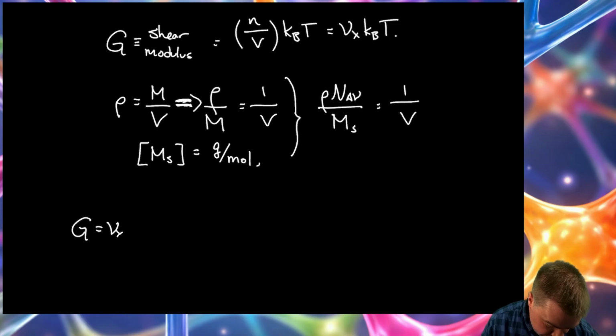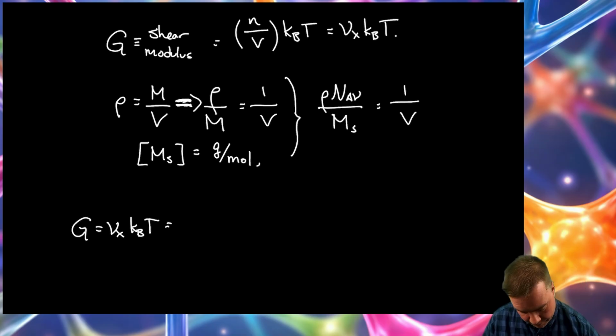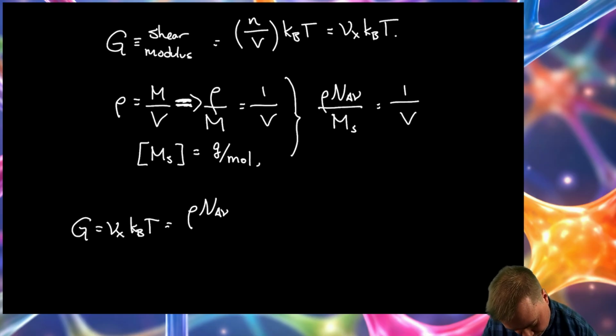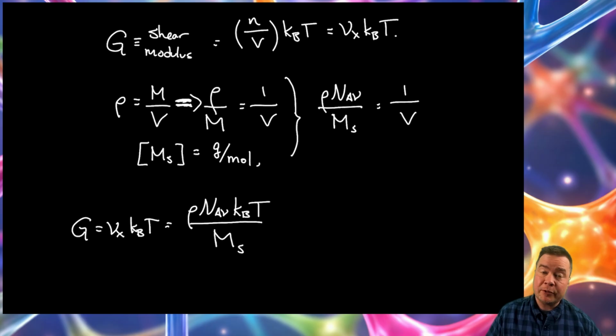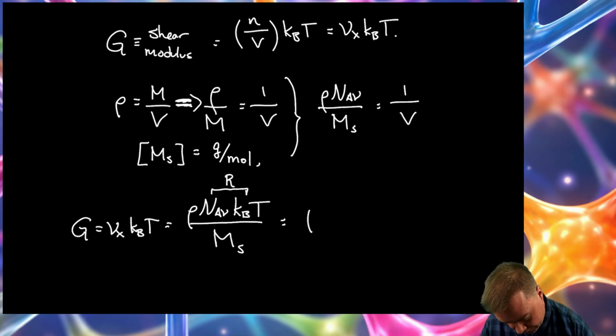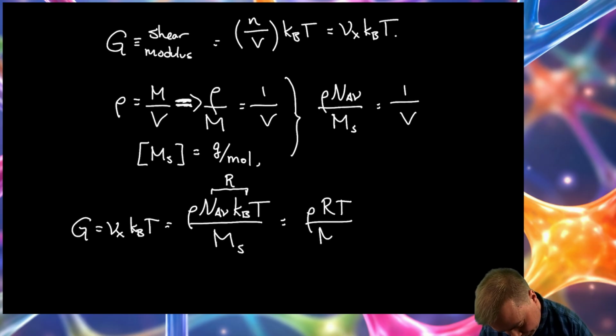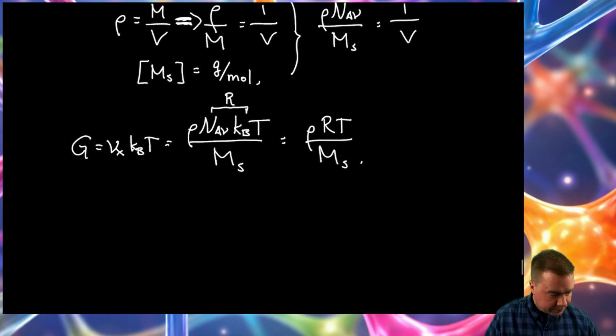And so my shear modulus, I can write two ways. I can write it as nu x kBT, and that's the same thing as the mass density of the material multiplied by Avogadro's number multiplied by Boltzmann's constant times temperature divided by the molecular weight between crosslinks. And Boltzmann's constant times Avogadro's number is just the ideal gas constant R. So this is the same thing as rho RT divided by M sub s.